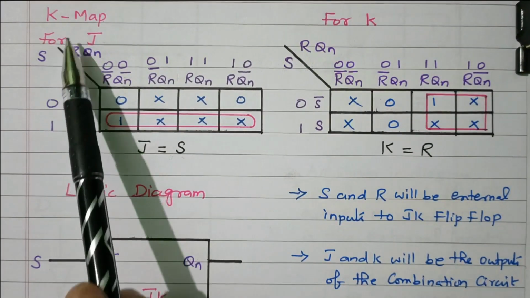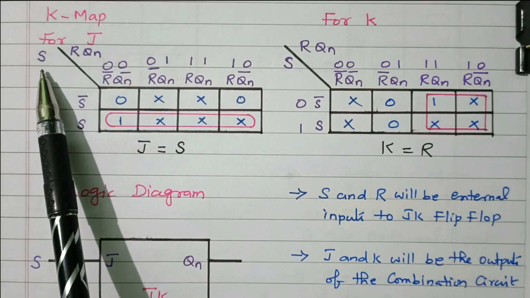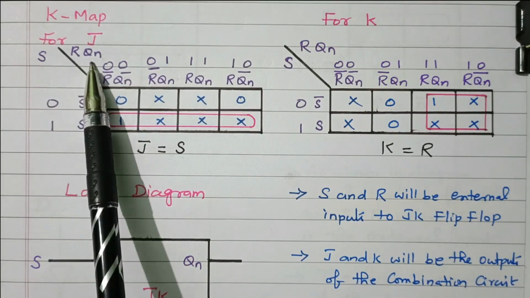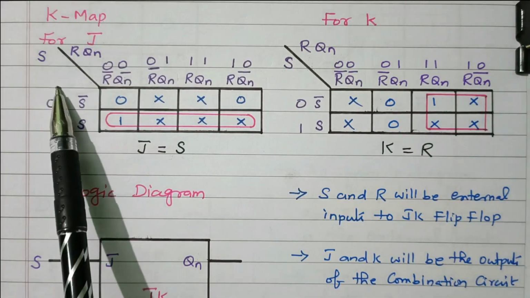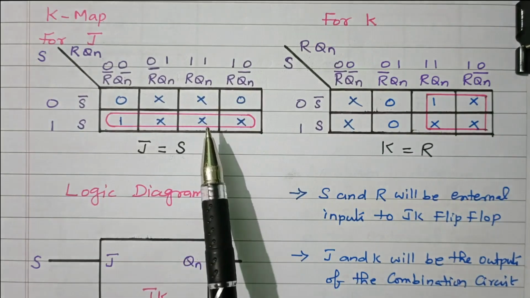So this is the K map for J input. There are three inputs, S, R, Qn. S and R are two inputs, Qn is the present state. S is available vertically. R and Qn are available horizontally.